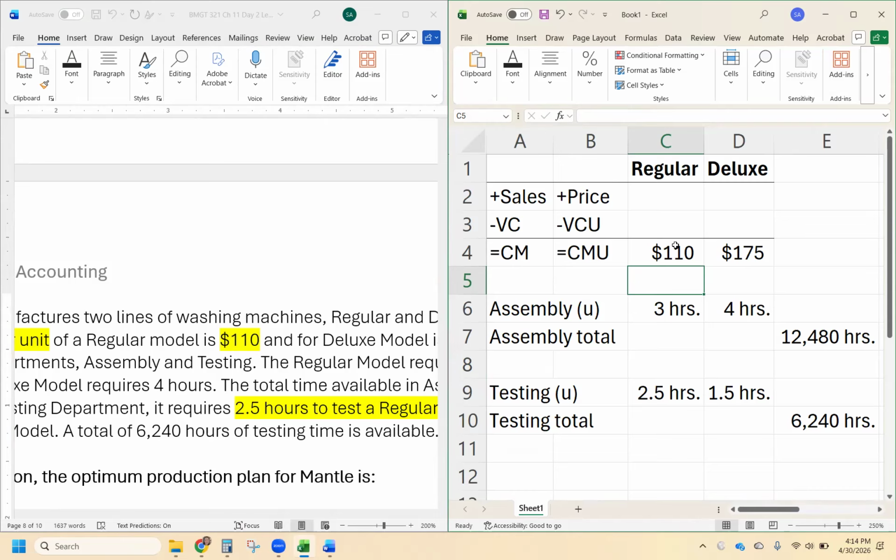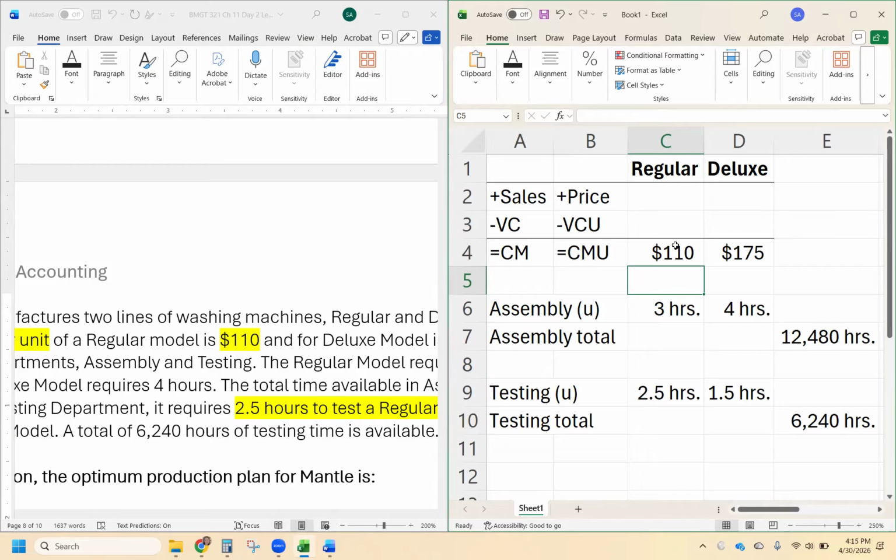When we have constraints, what we want to do is maximize our income for each unit of constraint. In this problem, the constraint or the limit is hours. We have a limited number of hours that we can spend assembling and a limited number of hours we can spend testing. So what we want is to make as much money per hour as possible.